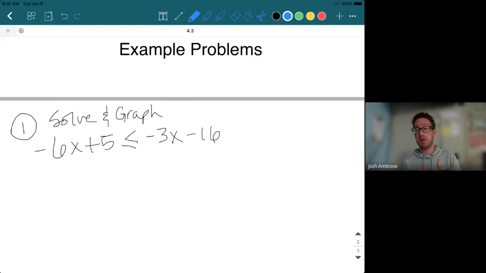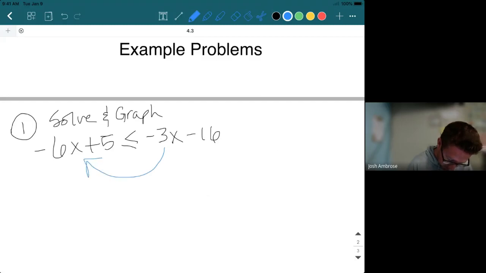Another thing to remember is we always want the order to be the variable, then the inequality sign, and then the final number. That's the proper order. Let's take that negative 3x and move it to this side. We're going to take the 5 and move it to that side.